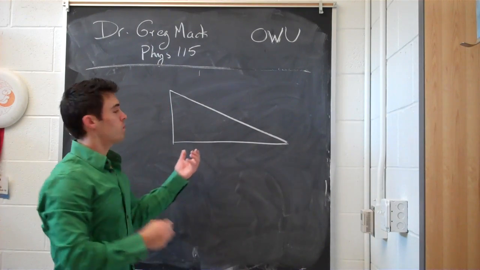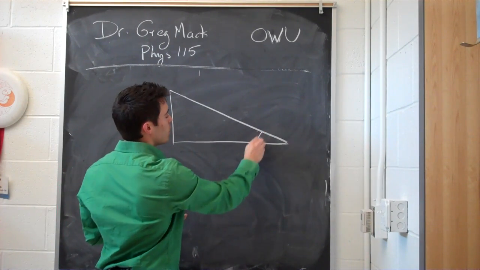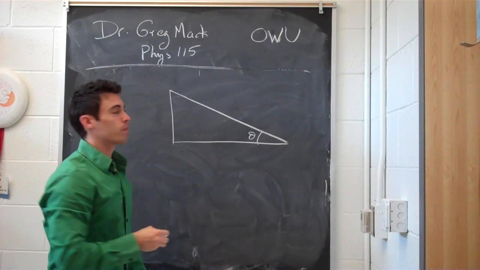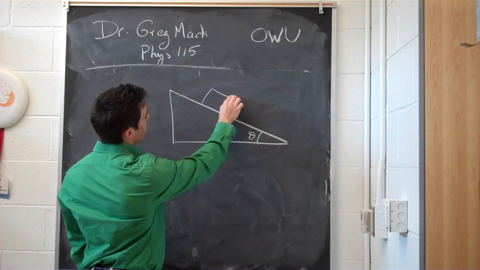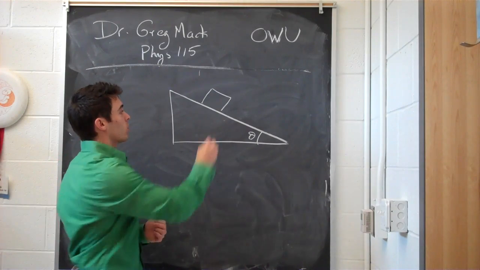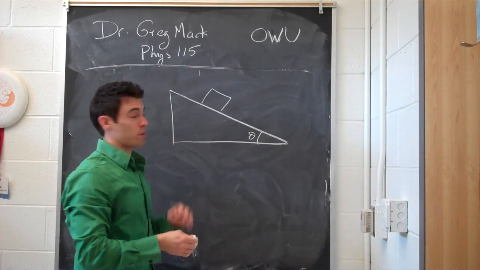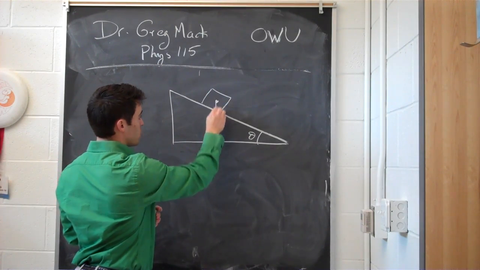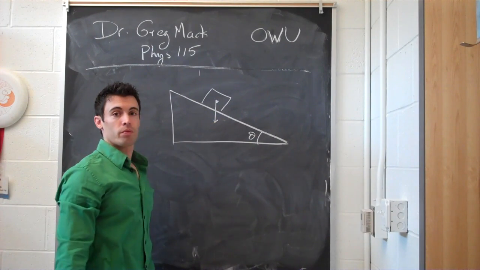Okay, we have some inclined slope here with, we'll call an angle theta, and we're going to have our box on here now. Gravity still always points down. Well, the gravitational force, pardon me, still always points down. So Fg is here.